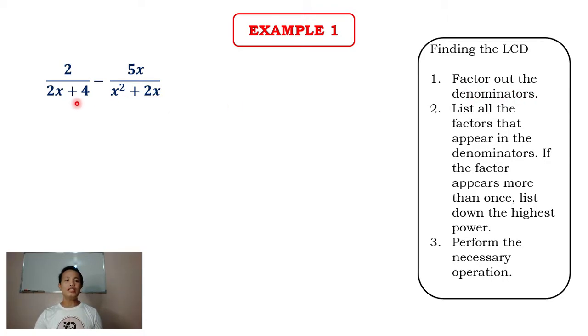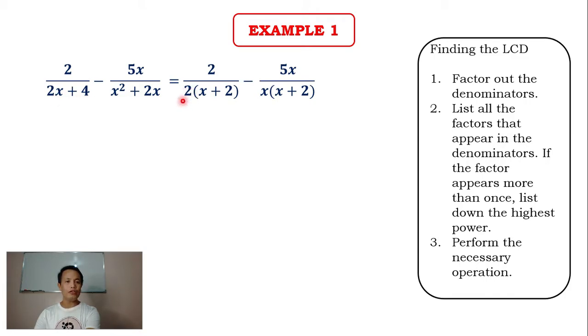In the first denominator, we have 2x plus 4, a binomial. We factor out the common monomial factor, which is 2.